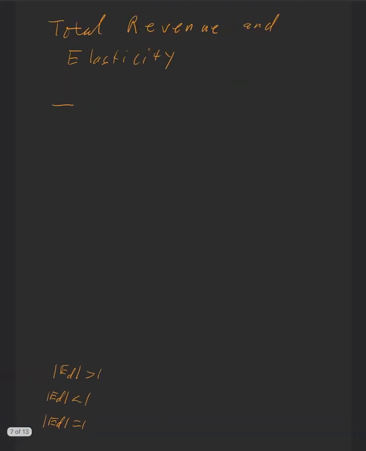So one thing that helps us when we're thinking about elasticity of demand is that it's related to total revenue. Total revenue, of course, is the price of the things that you sell times the quantity that you sell of them. Fairly straightforward. Our accounting and finance comes in handy here.